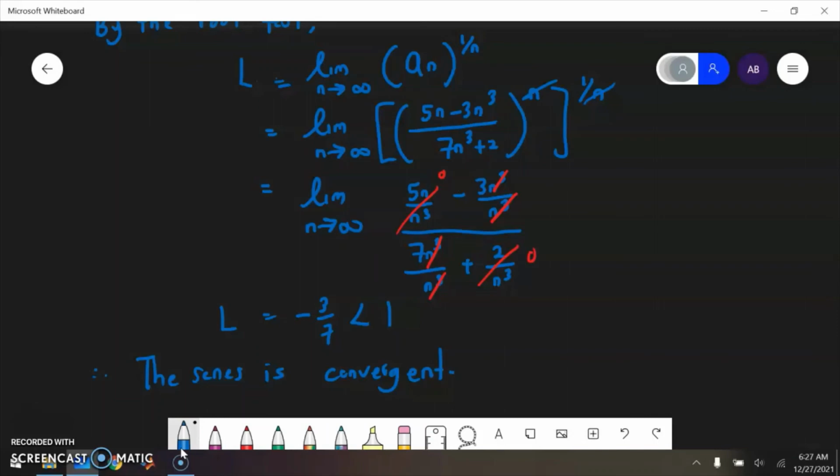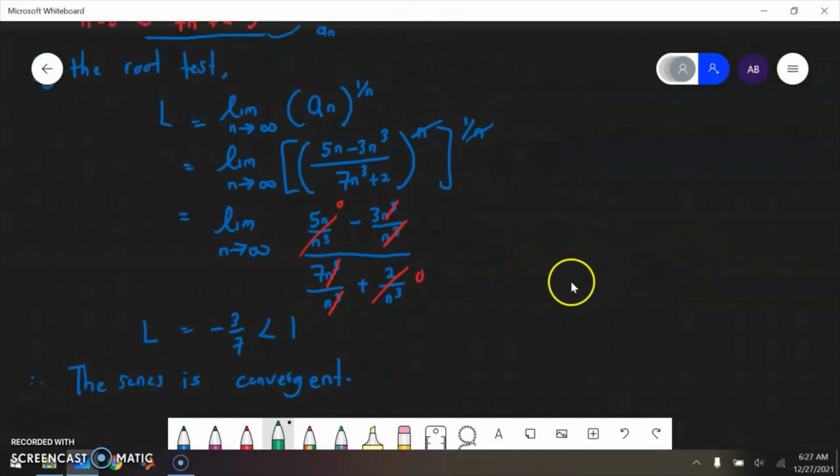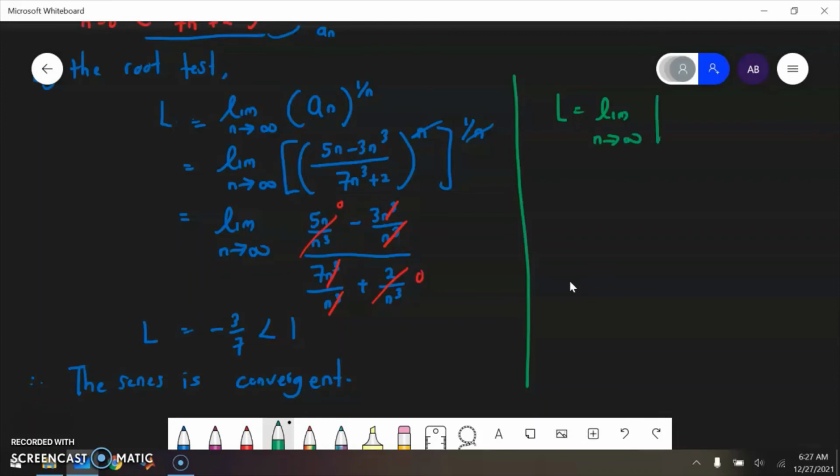That's it. I just want to tell you once again, if I have this absolute sign, another way is to determine whether this is absolutely convergent, and therefore automatically it's convergent. So my notation here should be like this: absolute value to the power of 1 over n.